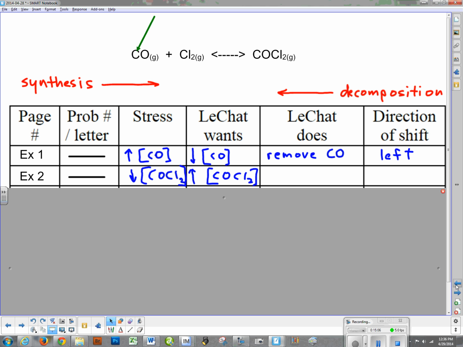And so what we wound up with, for him to add more COCl2, he had to do a right-hand shift. Shift to the right.